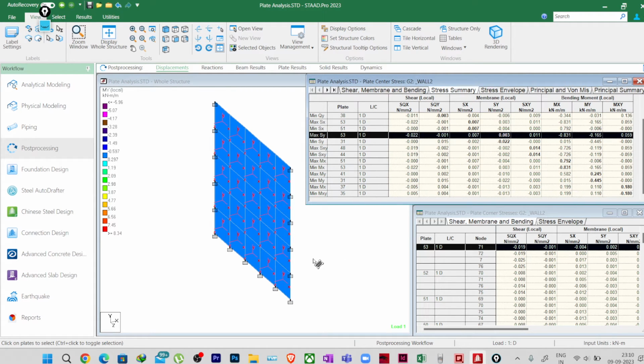my load is applied from this direction. Okay, my load is applied from this direction, correct? So what we expect is that the wall should bend like this.